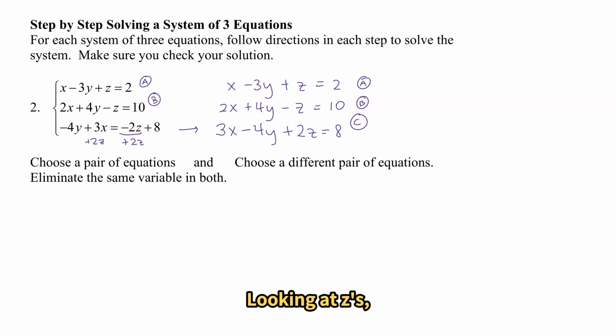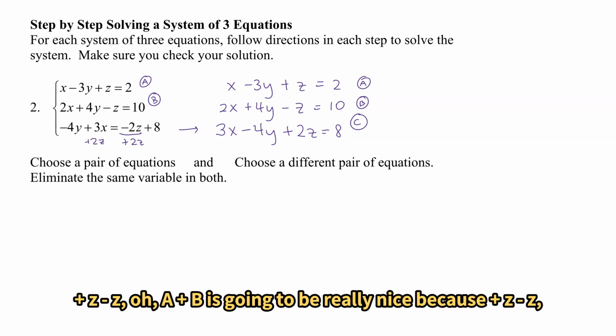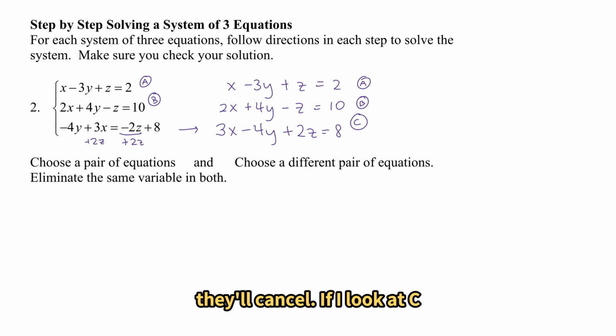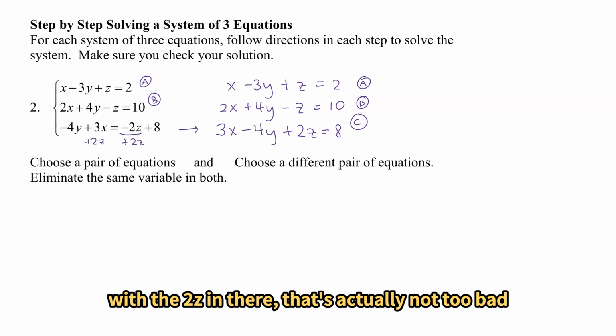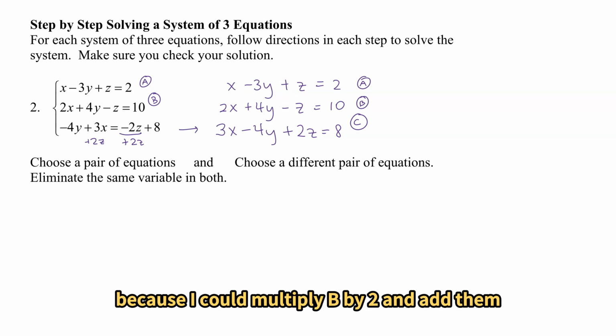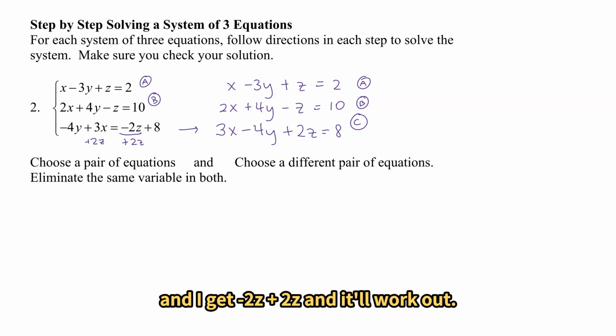Looking at z's, plus z minus z, A plus B is going to be really nice because plus z minus z, they'll cancel. If I look at C with the 2z in there, that's actually not too bad because I could multiply B by 2 and add them, and I get -2z plus 2z, and it'll work out.